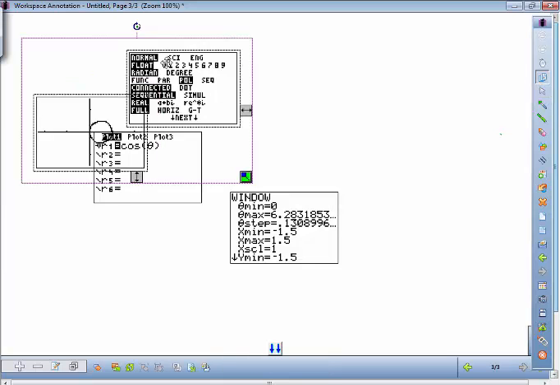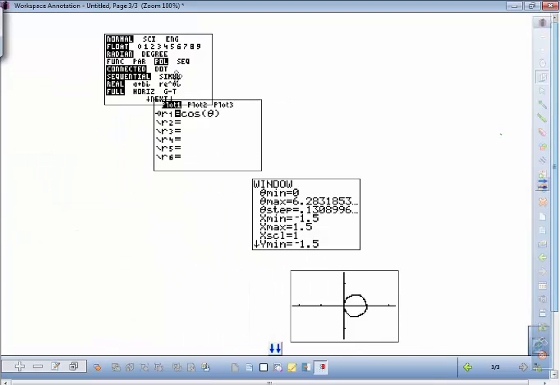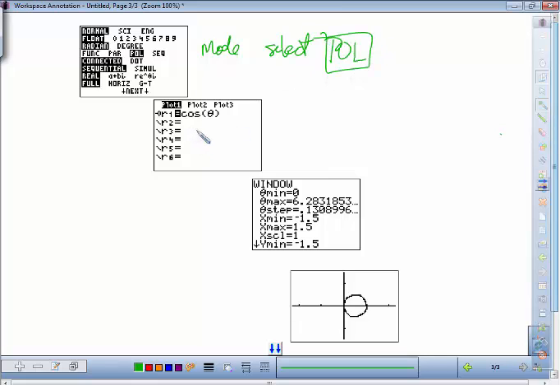All right. So how did it go again? This is mode. Select POL for polar, and then y equals, and then type your function, and then choose, especially if you want to see how this is being drawn out, make sure you choose the line with a circle on it, which would actually draw it out.